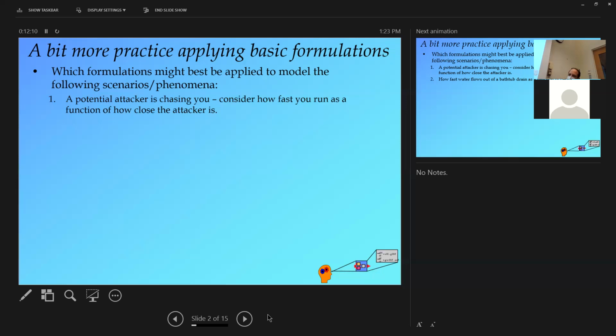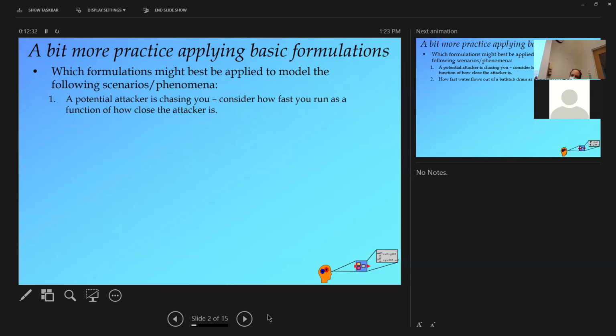And then that flow is dependent on a lot of things, like the level of your adrenaline, how close the attacker is to you, because you're probably going to be running a little bit faster if they start to catch up, the amount of potential energy that you have stored, and how quickly you can convert that into kinetic energy.